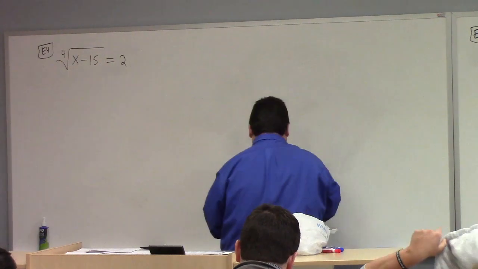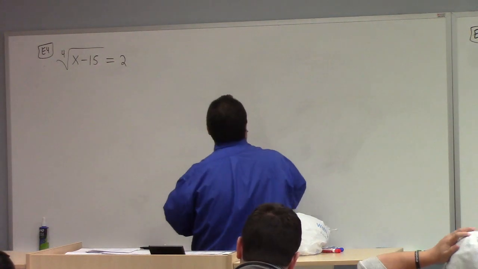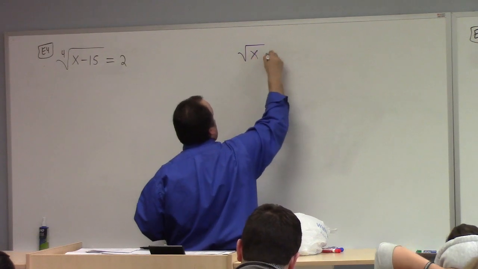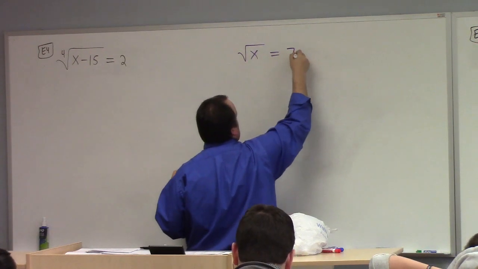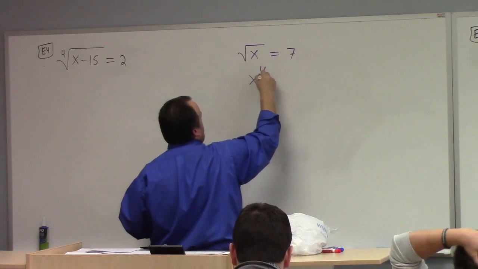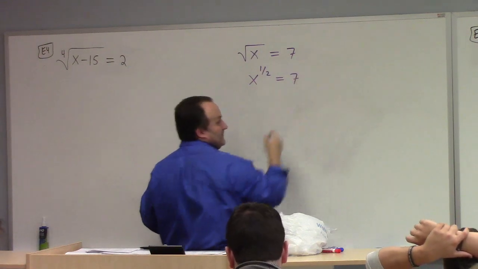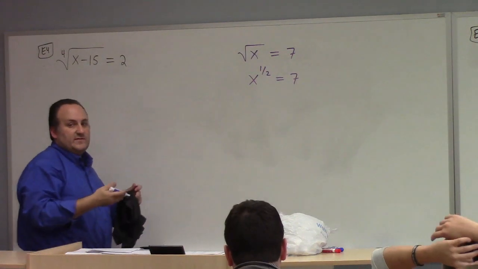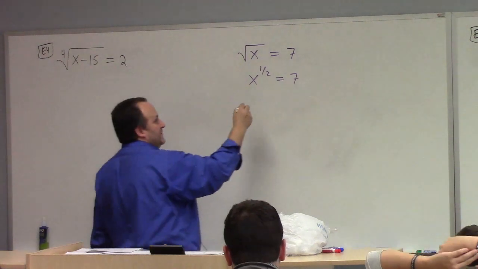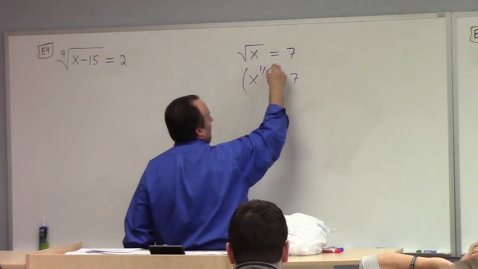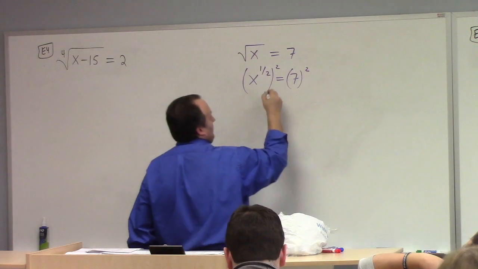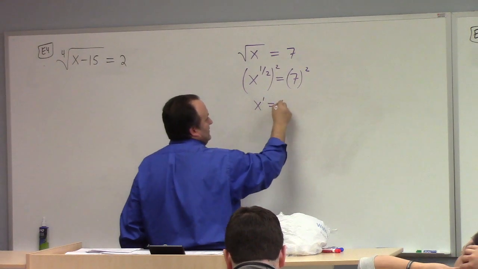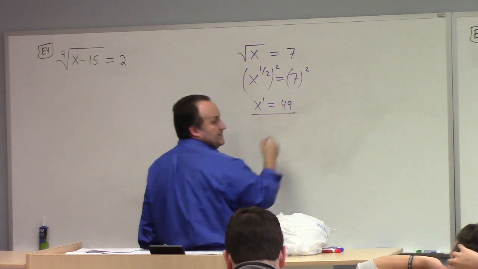So, how about this, guys? The square root of x equals, let's say, 7. This is really x to the 1/2 equals 7, right? And the reason that we square it is because when you square this equation, x to the 1/2 squared gives us x to the 1, which is equal to 49, right?